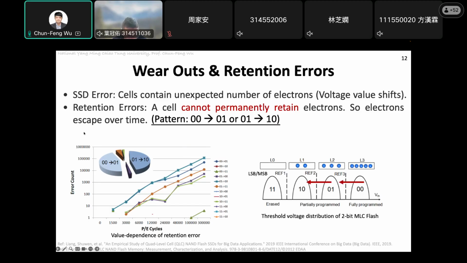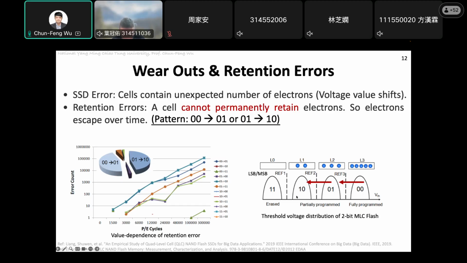So the error is like this, from 00 to 01. Actually the error usually happens because when there are electrons, they will escape from the floating gate. The more electrons you have, the more electrons will escape. So you can see 00 to 01 and 01 to 10.